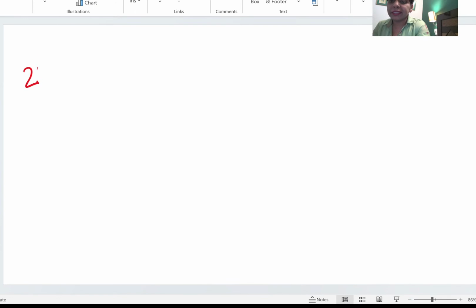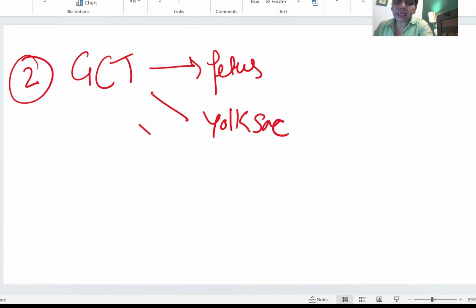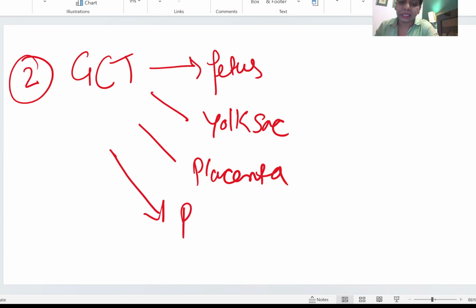Another type of tumor is germ cell tumor. From where does the germ cell tumor arise? The germ cell tumor arises from the germ cell, or you can say ovum. Now you know that when the germ cell gets fertilized, it forms the fetus, it forms the yolk sac, it forms the placenta, and it comes from the primordial germ cell.